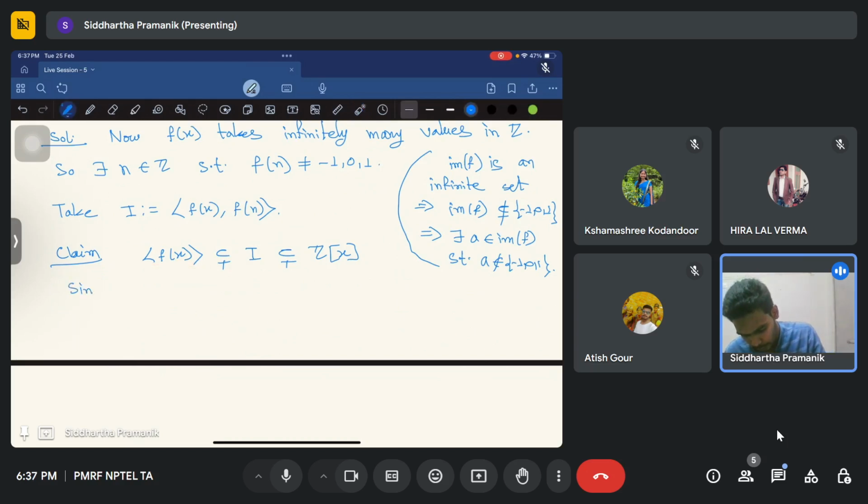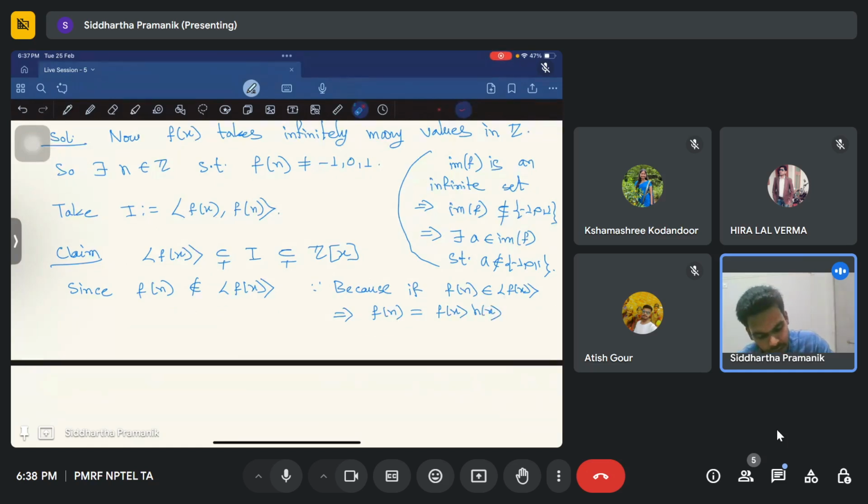So why is it proper? Because the element f(n) does not belong to the ideal generated by f(x). And why is that? Because if f(n) belongs to the ideal generated by f(x), then that will imply f(n) equals f(x) times h(x), some polynomial h(x). So you just compare the degree of both sides.